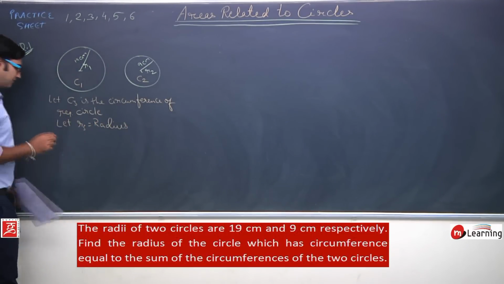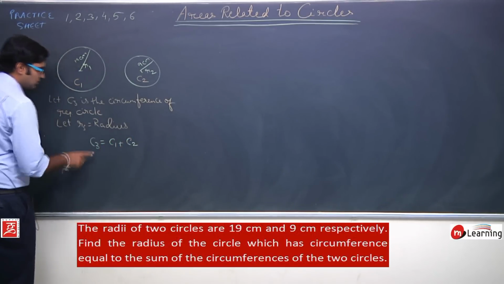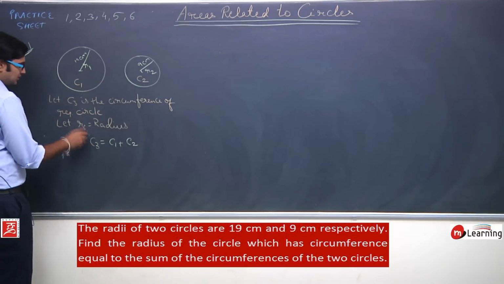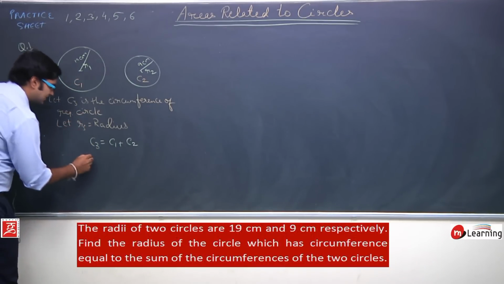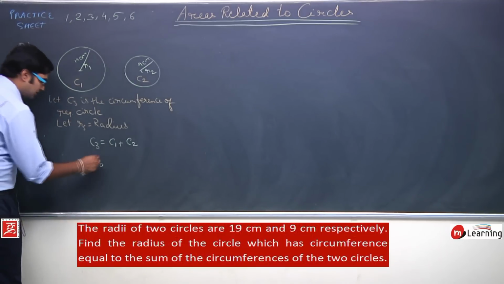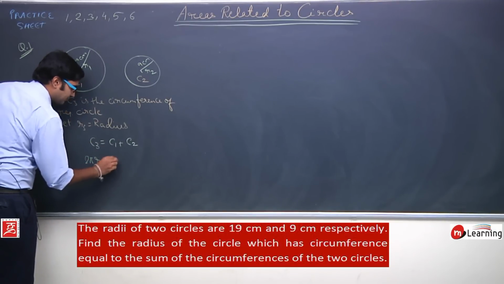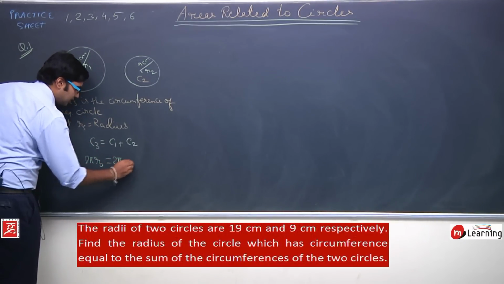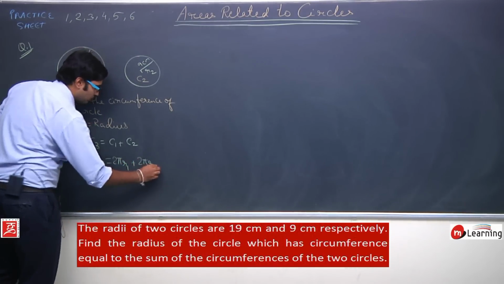What condition do we have? We have C3 is equal to C1 plus C2. What is C3? This is the radius of the required circle, so I can write C3 is equal to 2 pi R3. This is what we have learned. This is equal to, what is C1? C1 is 2 pi R1, plus what is C2? C2 is 2 pi R2.